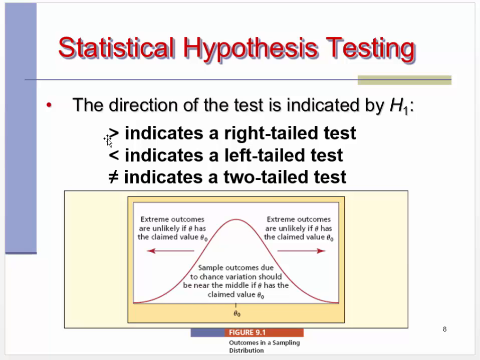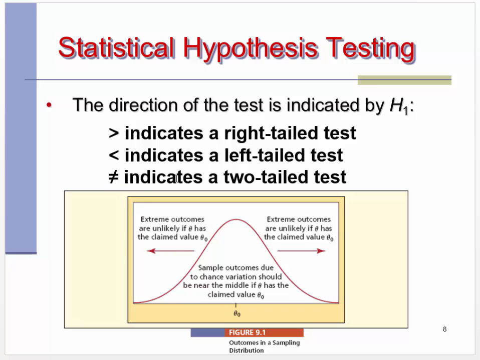This pointing to the right indicates a right-tail test. Right? Extreme outcomes are unlikely if theta has a claimed value of theta 0. This arrow pointing to the left indicates a left-tail test. Right? Extreme outcomes are unlikely if theta has claimed value of theta 0.